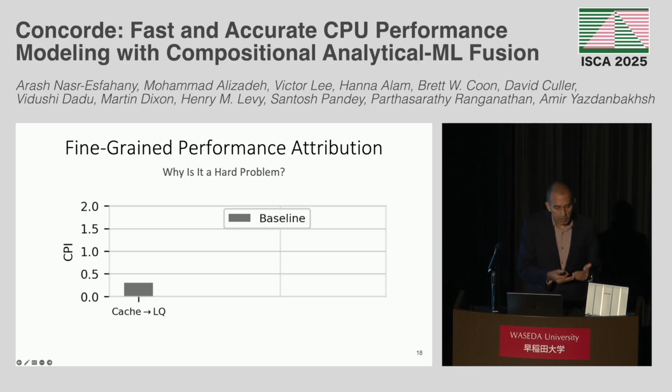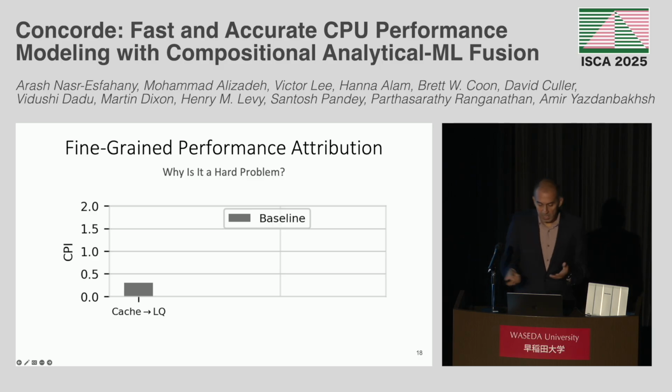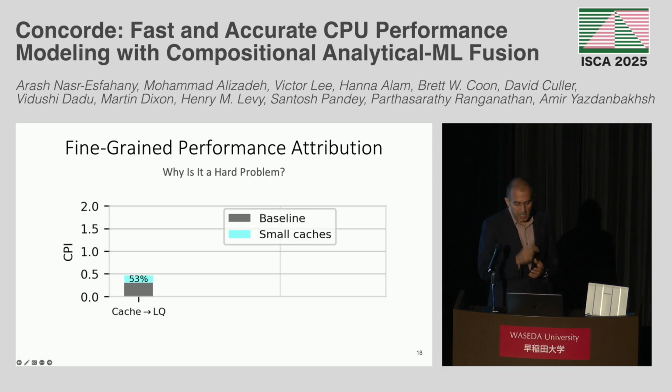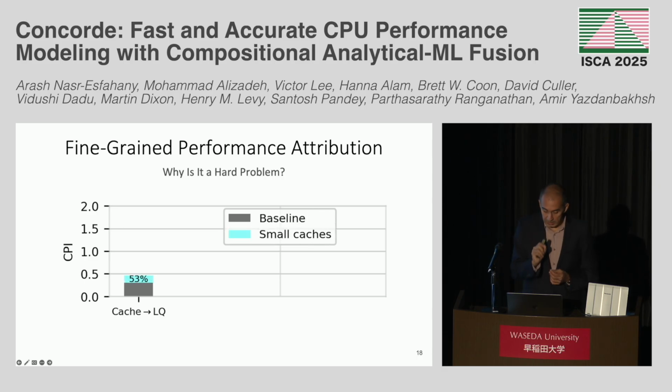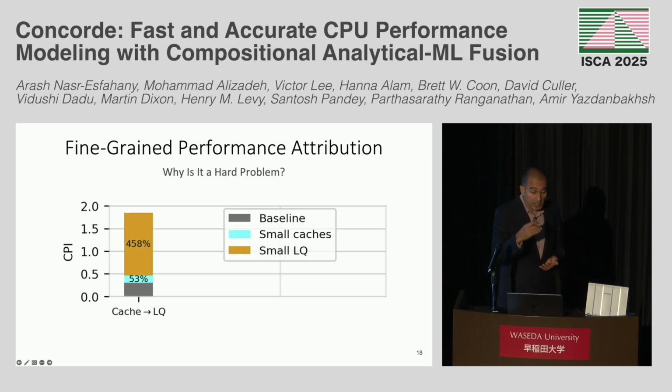We change one parameter at a time and observe the impact on performance. For example, here I'm showing the CPI of the big core on one of our internal search workloads. If I first reduce the cache sizes, the CPI increases slightly. Then, reducing the load queue size causes a large CPI jump.